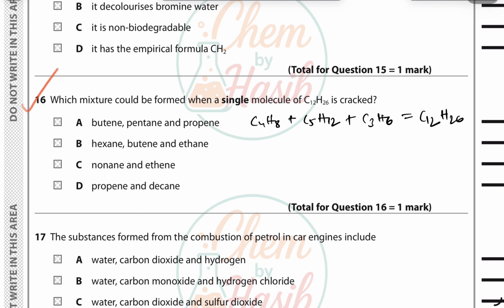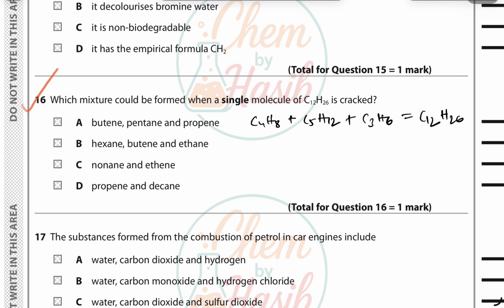If you add all these three, you get this as the answer, because 12 plus 8 is 20, plus 6 is 26, right? So A can be the answer.